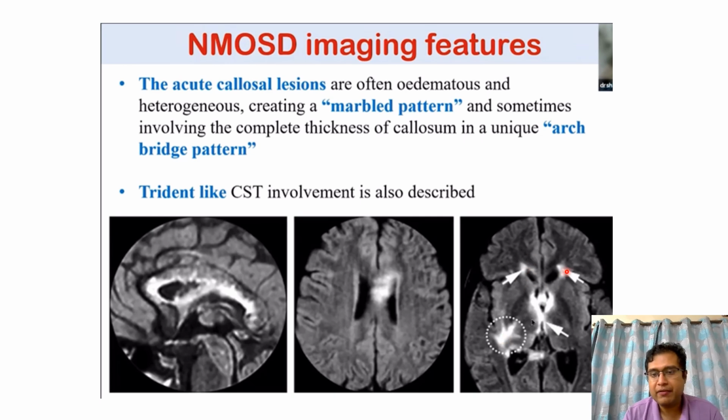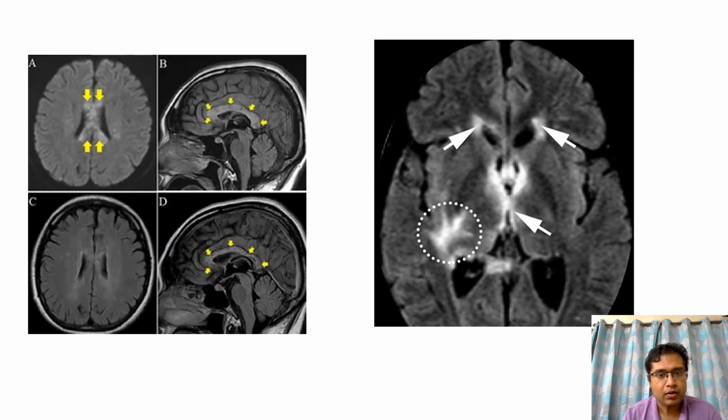These are the typical periventricular involvement because of the abundant aquaporin 4. These are again the marbled appearance and the arch bridge appearance of the corpus callosum, trident appearance.